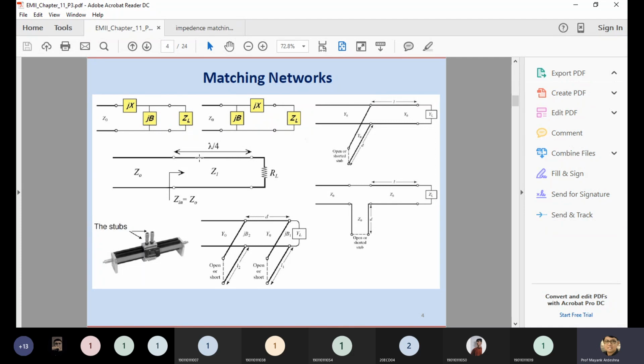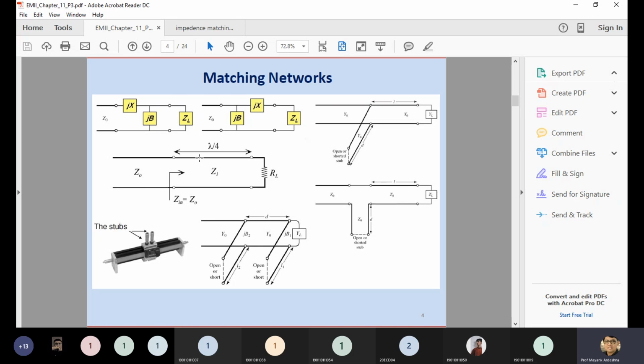Clear? This is called the lambda by 4, or quarter wave transformer matching network. We are just inserting the wire in series, and the wire length is fixed, which is lambda by 4.